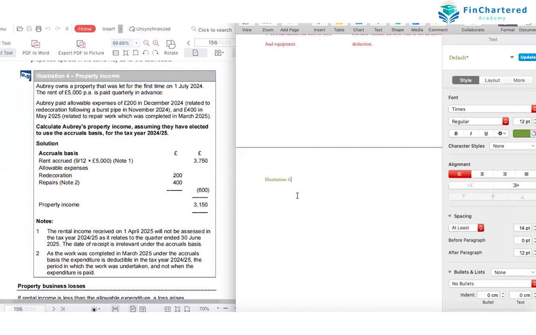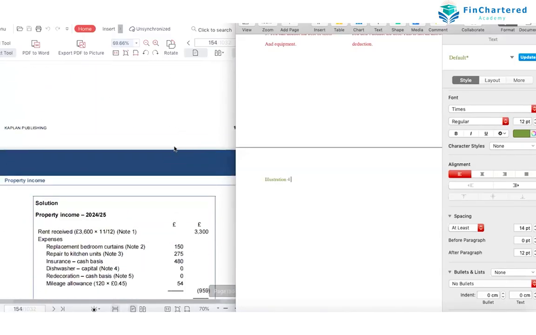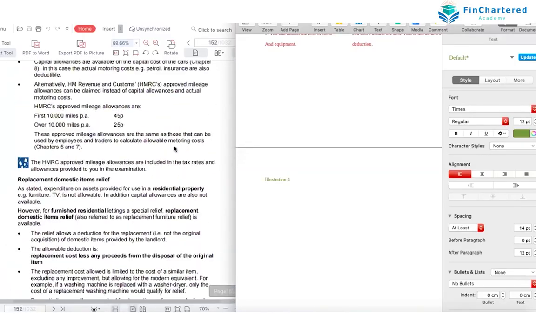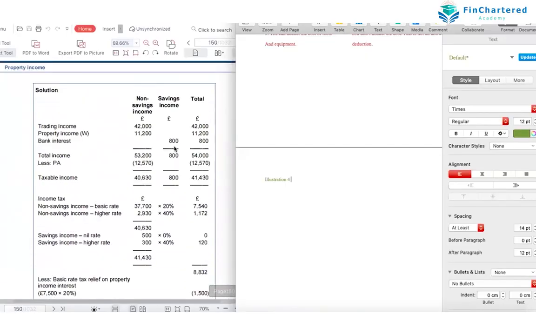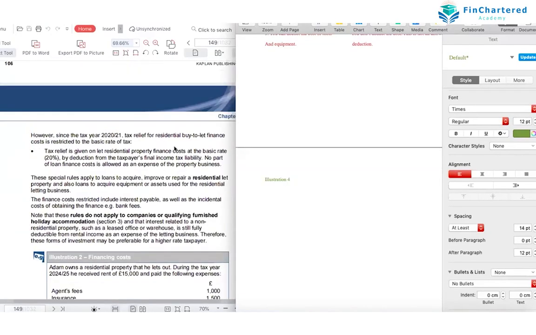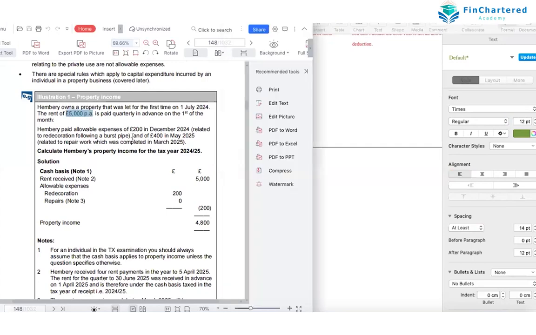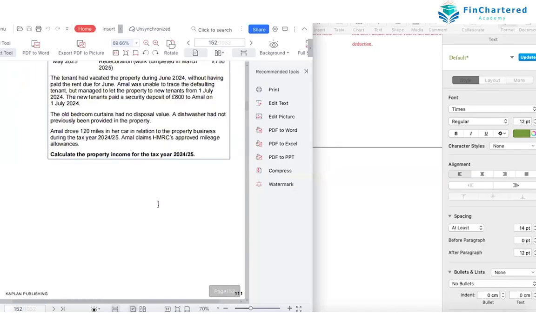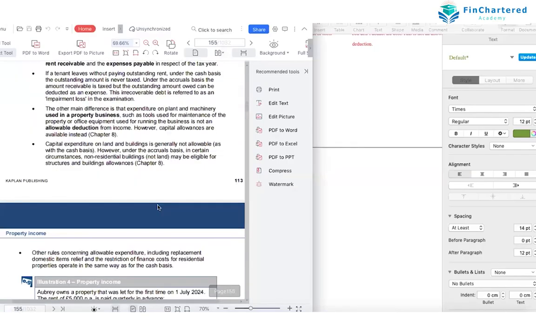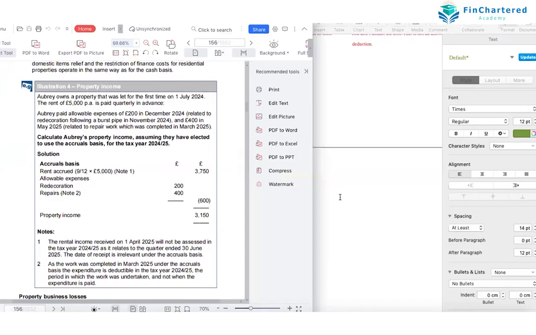I don't know how many of you are noticing, but this is the same question which we saw. It is the same as illustration 1. Hembre and Obre are technically the same thing, but the only difference is Hembre was using the cash basis. Obre has the same numbers, 200, 400, 5,000, but we're doing the accruals basis.